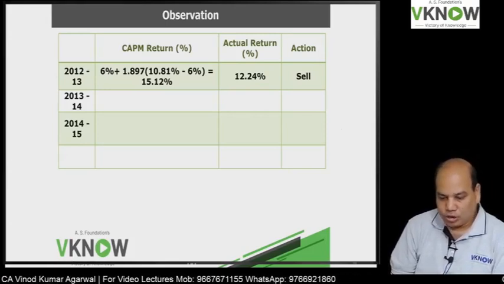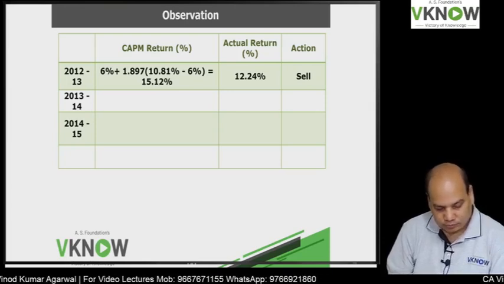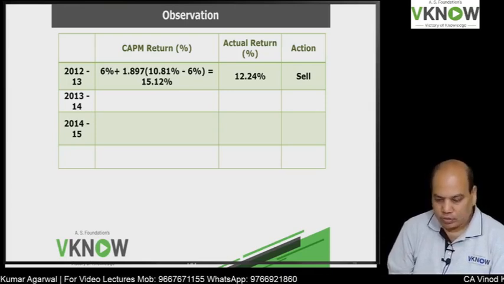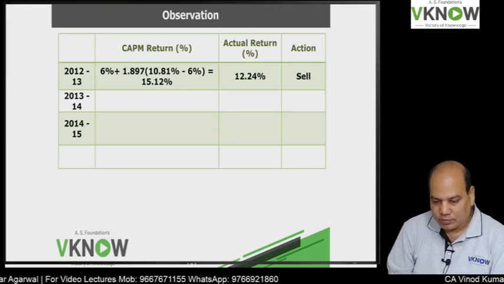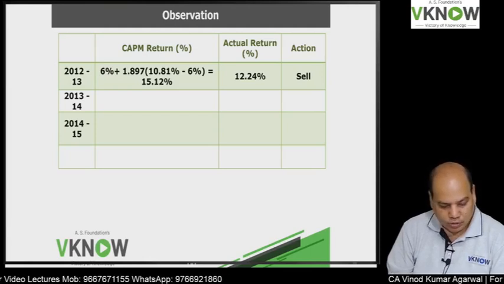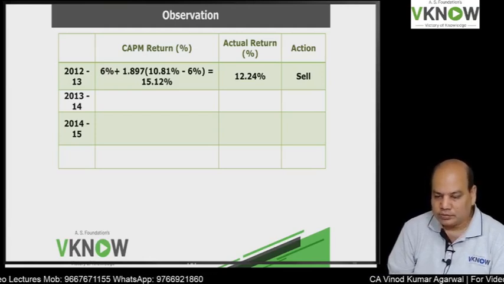Risk-free return is based on government bond. So first year, the CAPM return was 6 plus, what was the beta?